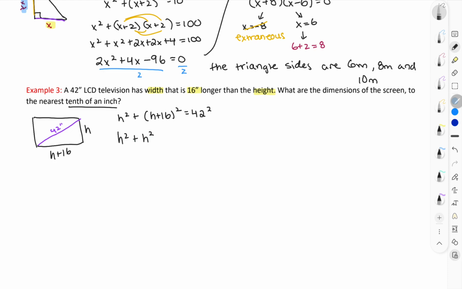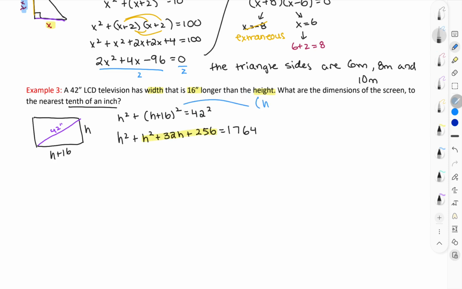This is going to give me h squared plus 32h plus, I don't know what 16 squared is off the top of my head, 256 is equal to 42 squared. I definitely don't know that one. 1764. There we go.